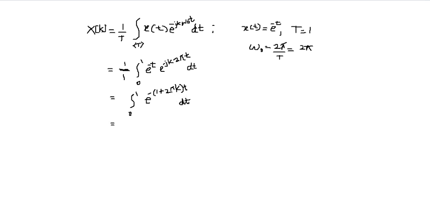We know how to do the integration of e raised to some value into t. It is e raised to minus 1 plus j 2 pi k times t, divided by minus 1 plus j 2 pi k.